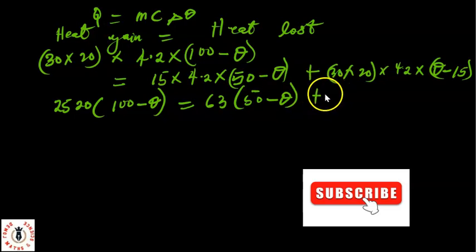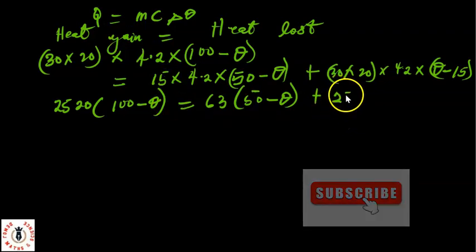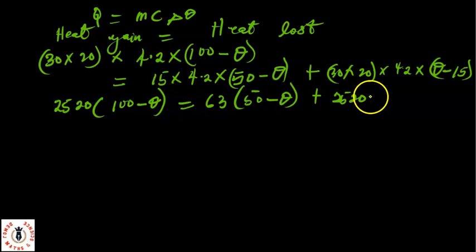plus 20 times 30 again, that's 600 times 4.2, that's 2520 into theta this time minus 15.